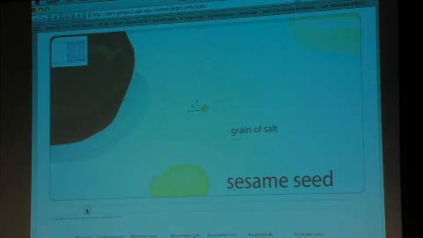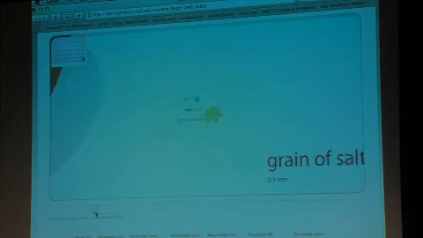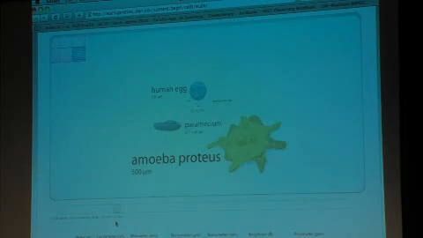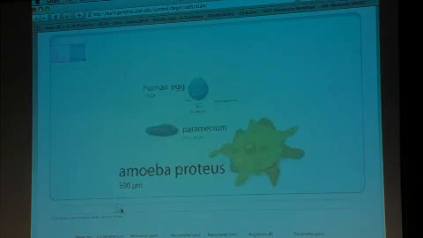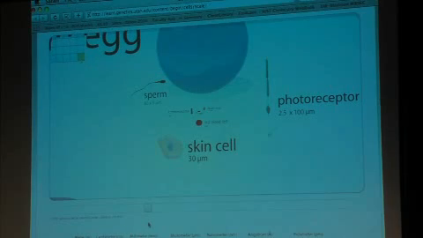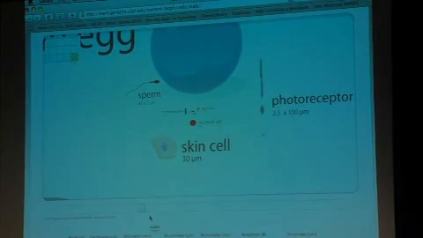So with a grain of salt at 0.5 millimeter, we can start to zero in on the size of cells: large free-living cells and also oocytes, which tend to be quite enormous. We can then zoom down to cells that are part of larger organisms, like a skin cell and a red blood cell, which is on the small end of mammalian cells. And you can see we still haven't arrived at the nanoscale.